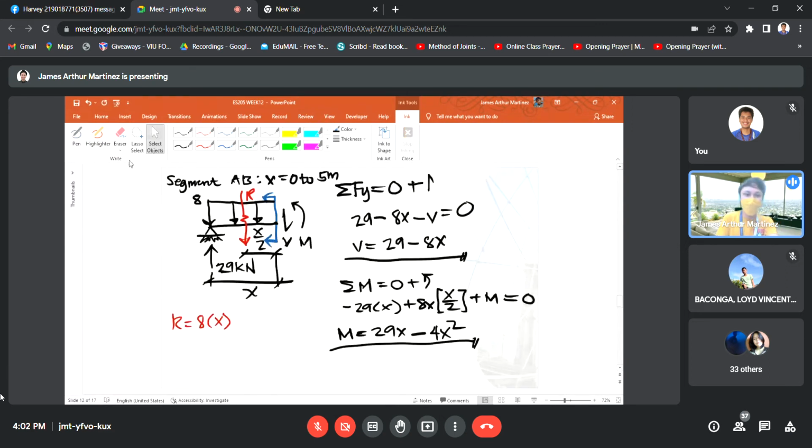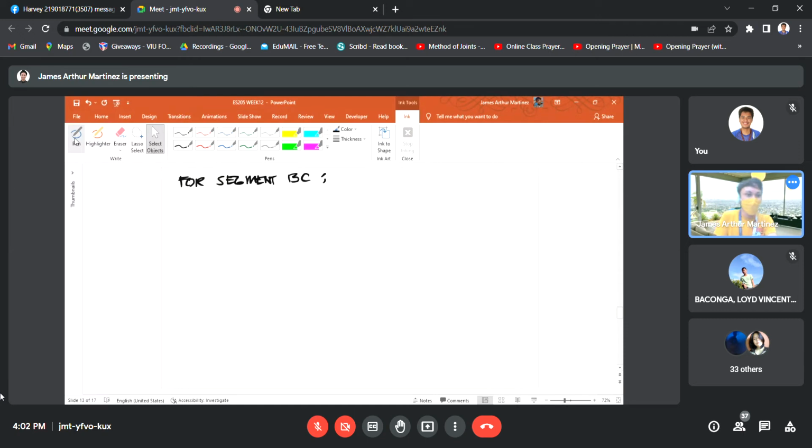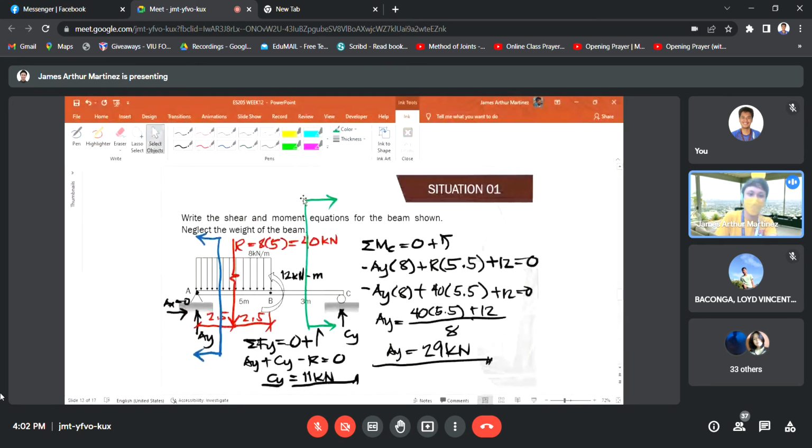So take note, class, that these equations are only valid for values of x ranging from 0 to 5 meters. Okay? So for segment B to C, what we will consider is the right side part of the beam.